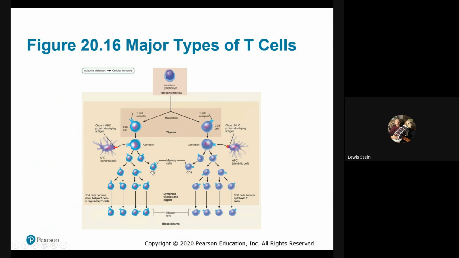Some will be memory cells for future usage. On the other hand, if it's a class 1, it will activate the CD8 cell lines, yes, memory cells, but now we're going to get these cytotoxic T cells. And you're going to see down the road, they work in concert. They're not going to ask you about the intricacies, I would think, so much. But it's going to be important to understand.